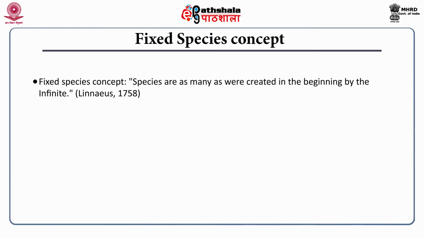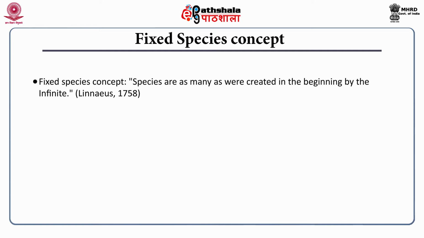According to Abrahamic religion, it's around 6,000 years back that God created the whole world. So, it's not really an evolving entity, but simply static. That kind of concept is called the static species concept or fixed species concept.